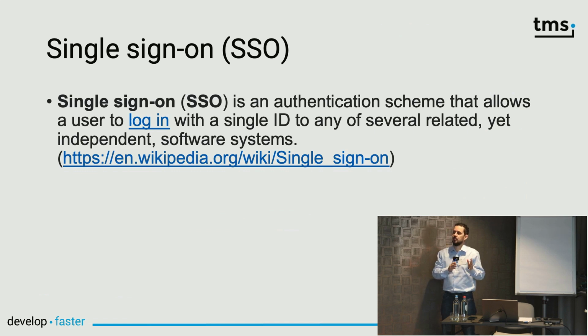This session is about single sign-on with XData, but it will also show the same concepts for not having necessarily a single sign-on. What is single sign-on? It's an authentication scheme that allows a user to log in with a single ID to any of several related yet independent software systems.